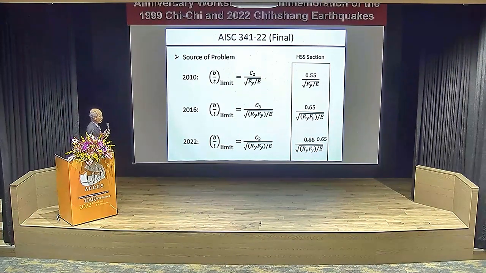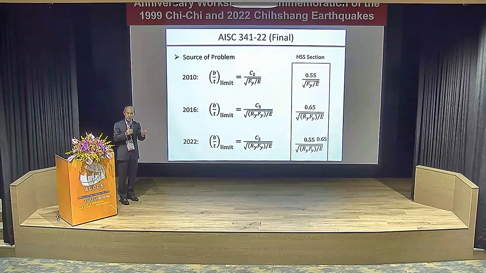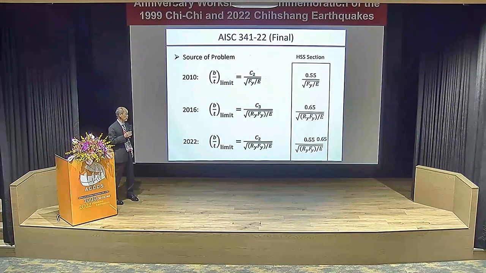After we introduced that, one particular industry, the steel tube industry, realized their product was penalized. Going back to that 0.55, even fewer sections can be used for seismic design, which impacts practical application. So they complained a lot.